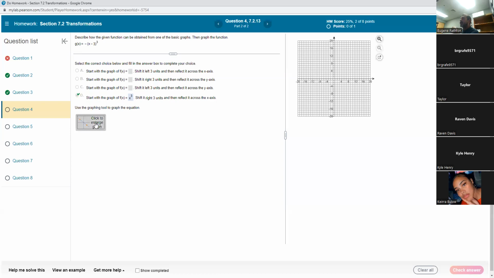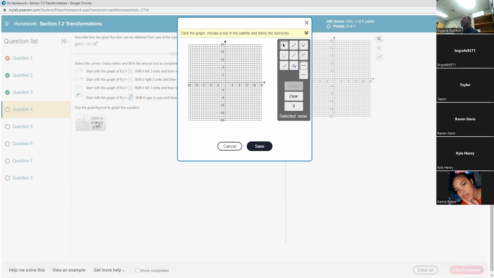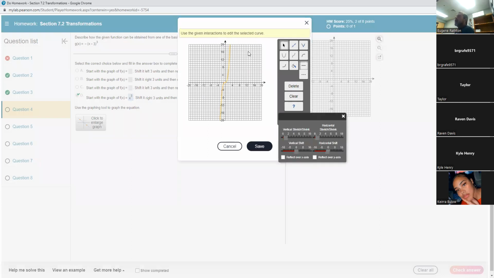So I'm going to click on enlarge my graphs. Now remember, the cubic one looks like the squiggly line, and it calls it the X cube tool. So click that, and then click anywhere on the graph. It's going to put it in the center no matter where you click it. So y'all said this went right 3 units.